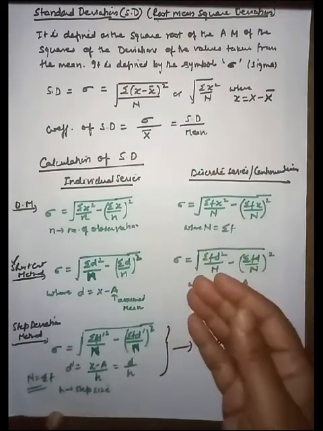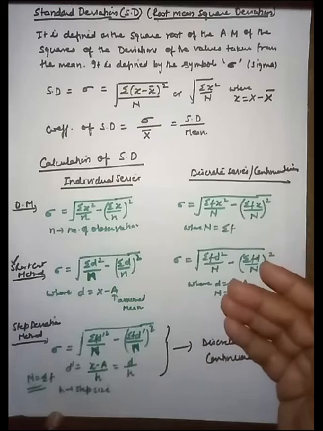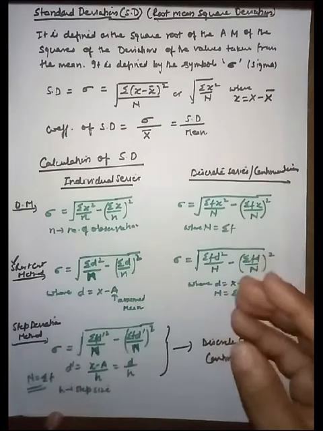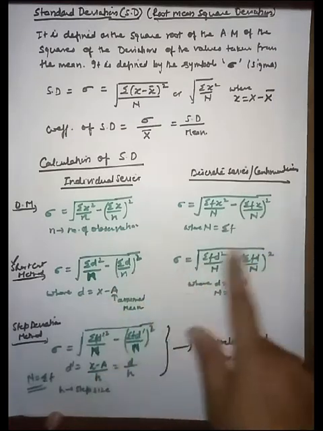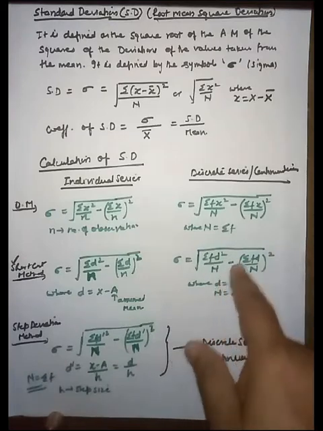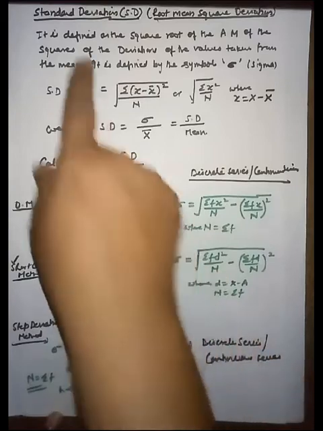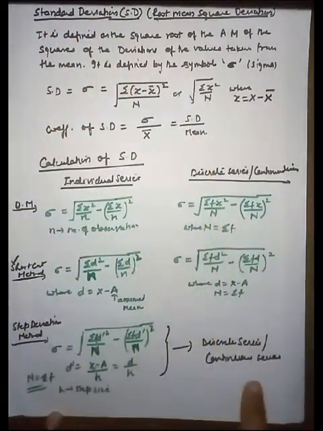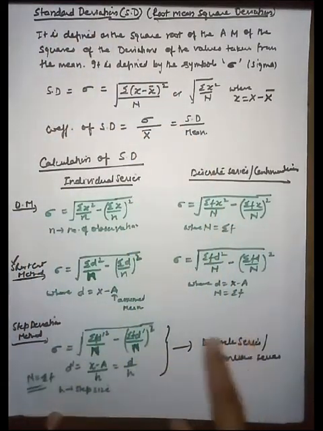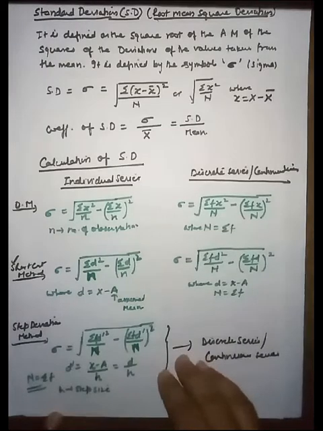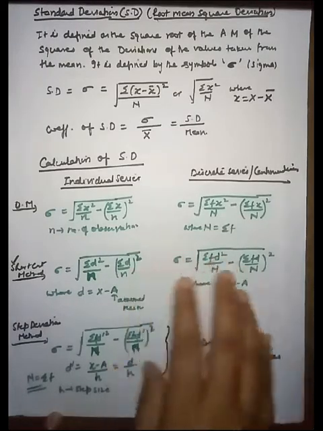If the exam particularly asks you to find the standard deviation by the shortcut method, you use this formula. Otherwise it's your choice, you can take any method for solving the standard deviation of any question, right friend?